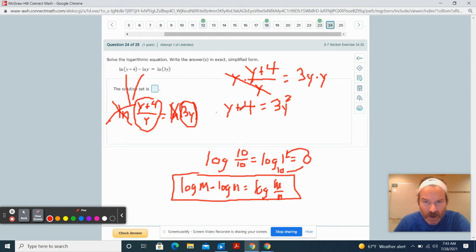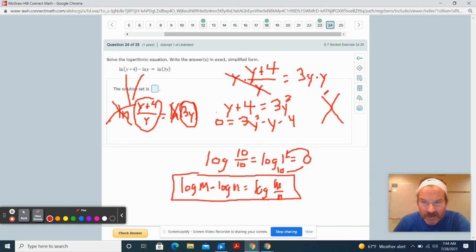So I'm going to subtract y and subtract 4 on both sides. So this is 0 equals 3y squared minus y minus 4. And remember, to see if this is factorable, we do the diamond.